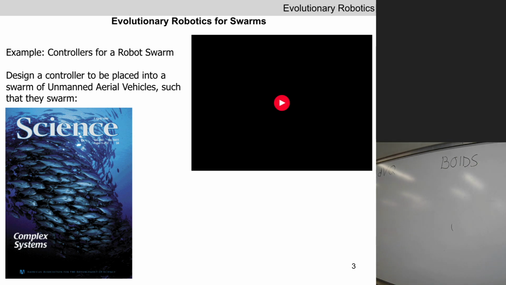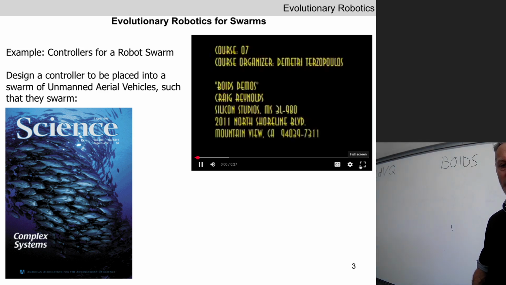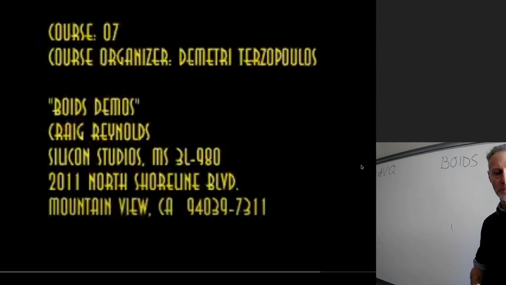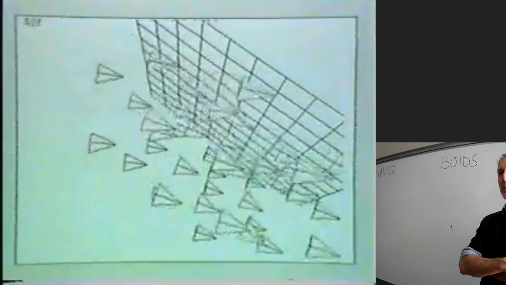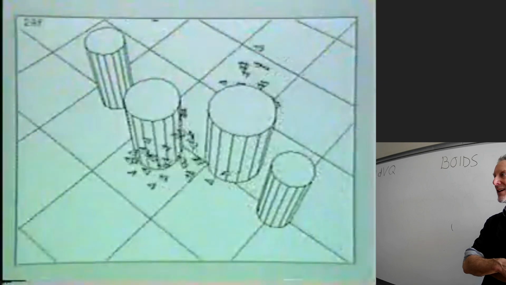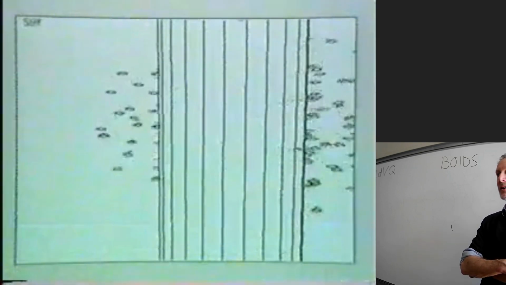Again, you'll have to forgive the author. This was a video shot in the late 80s. Let me see if I can make it bigger for you. When this video was released, this was far and away beyond anything anyone had been able to achieve in computer graphics at that point.